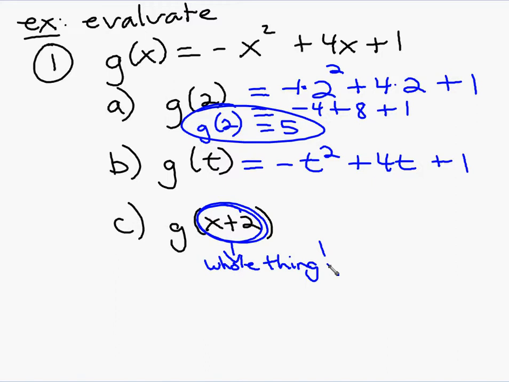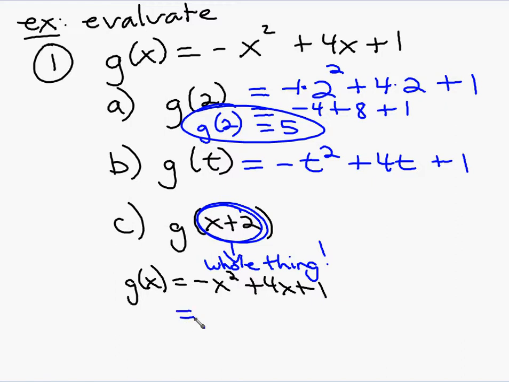So, let's see how that works. Well, the first thing I would do is write down the function. The function is g of x equals negative x squared plus 4x plus 1. So that means everywhere there's an x, I need to put in an x plus 2 as a quantity. And I'll go slow here so you see how that works.